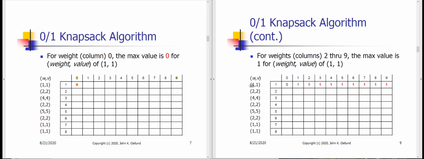So using a coin whose value is 1, we can only get a value of 1 if the remaining weight in our knapsack is anything from 1 up to 9.